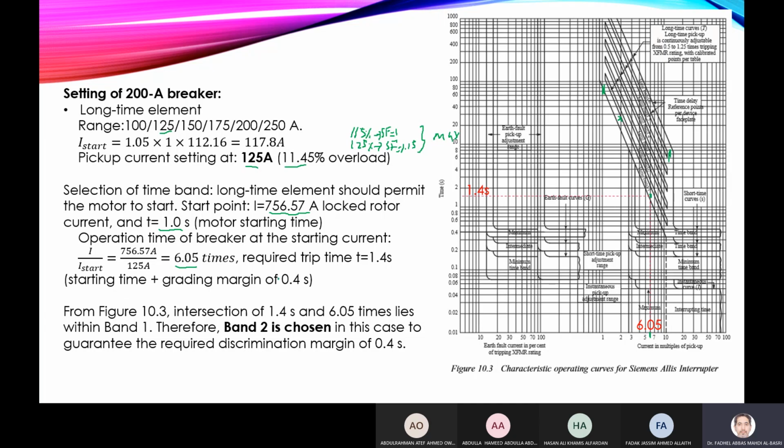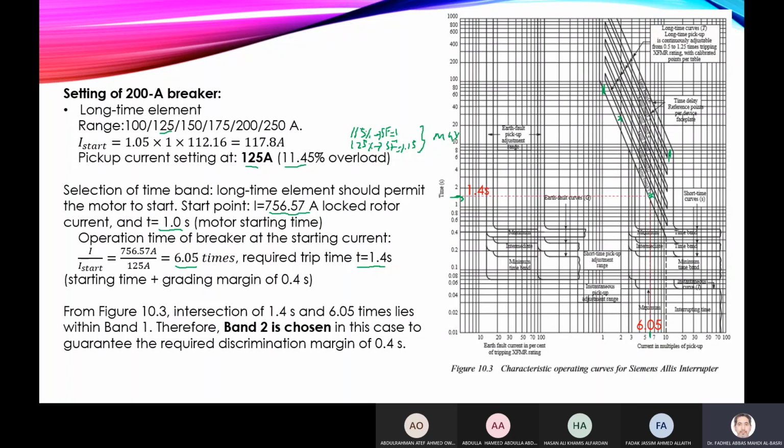The time I want is 1.4. Why? Because the starting accelerating time is 1 second. I added 0.4 seconds as a safety margin so that this breaker will not trip during starting. So I need a minimum of 1.4 seconds. This is the 1.4 second desired, and they intersect here.